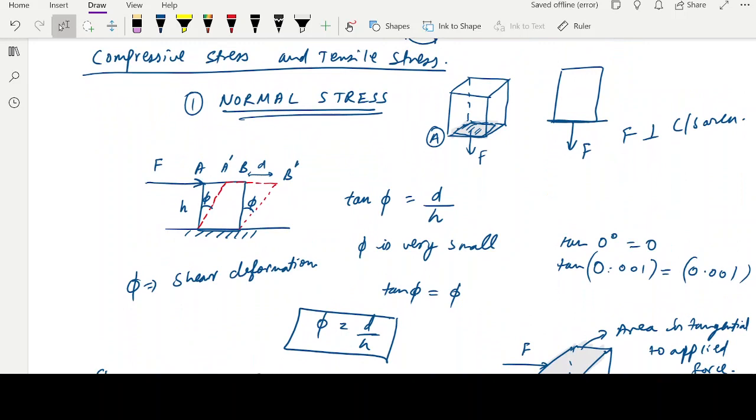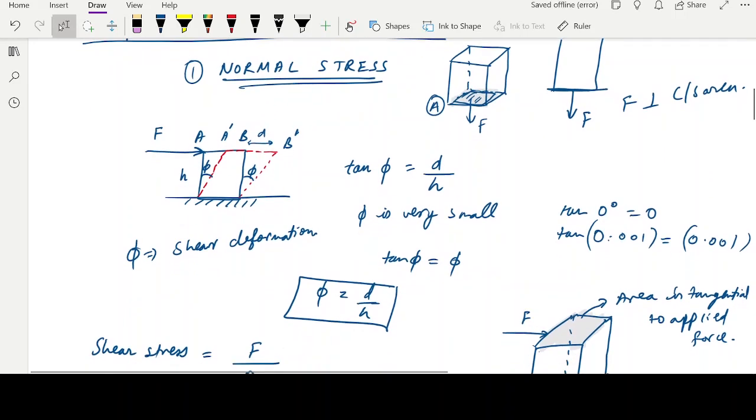Now moving ahead, you can see that a body, the object A, B, C, D, is being acted upon by a force which is tangential.